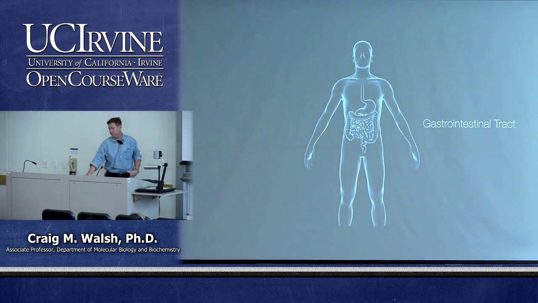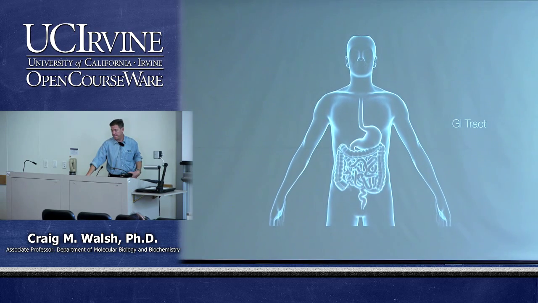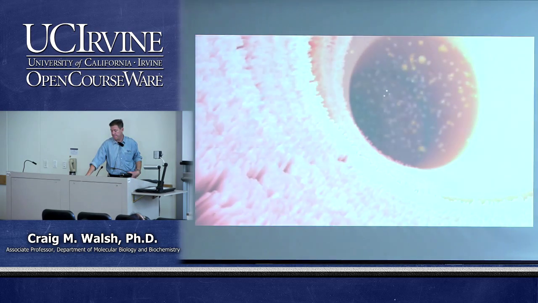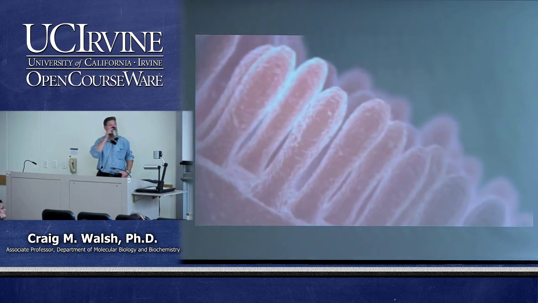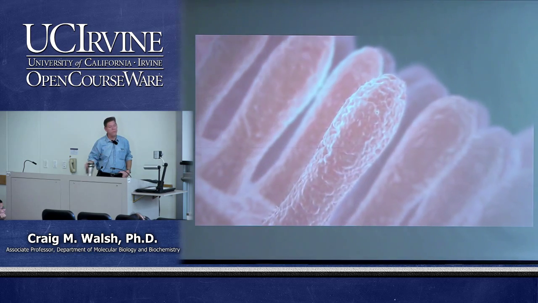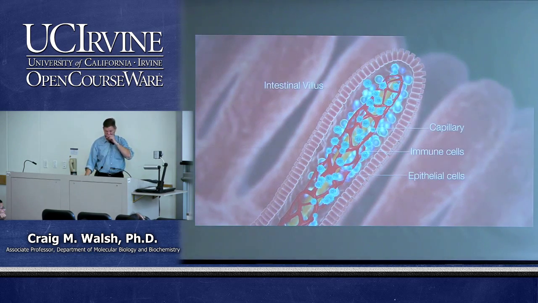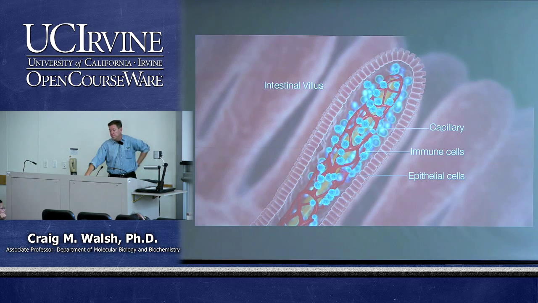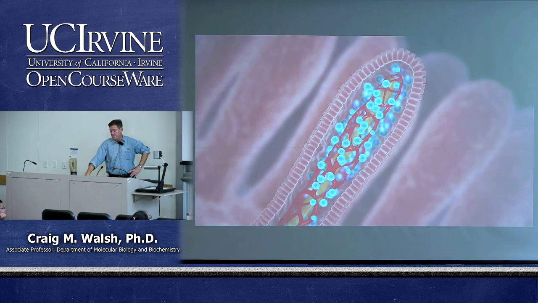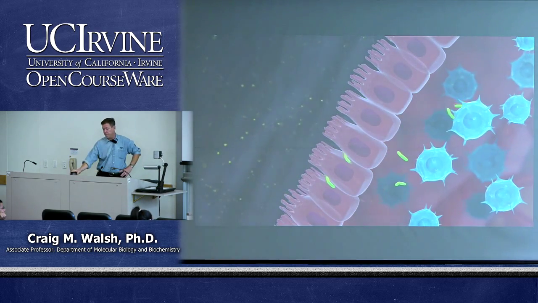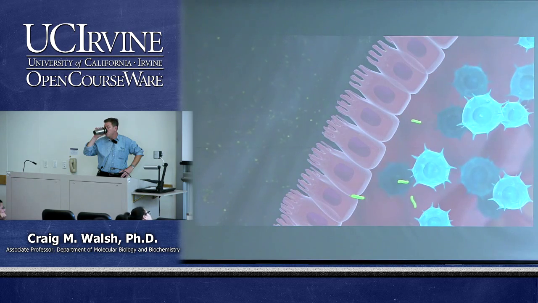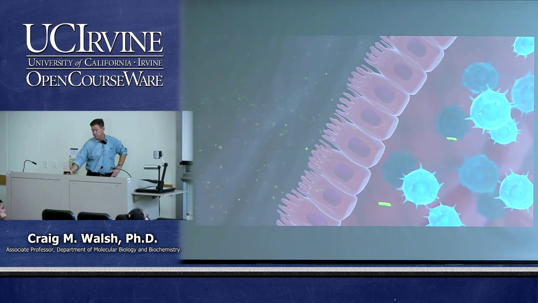The human gastrointestinal tract, also known as the GI tract, is vast in surface area to maximize the absorption of nutrients. Most of the body's immune cells are contained in the GI tract, making it one of the largest immune organs in the human body. One important subset of immune cells is known as the CD8 T cells. These are T helper cells that provide protection to the gut against invasive bacteria or naturally occurring gut flora.